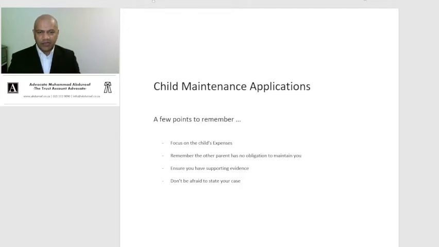Child maintenance: the child is 17 or younger, and you, the parent, are applying for child maintenance. So I won't be dealing much with the issue concerning the other parent who is defending the application. There would be a separate video dealing with that specific scenario. But today my client, the person in front of me, is someone who is applying for child maintenance. And if you are someone who is opposing a child maintenance application, please follow along.